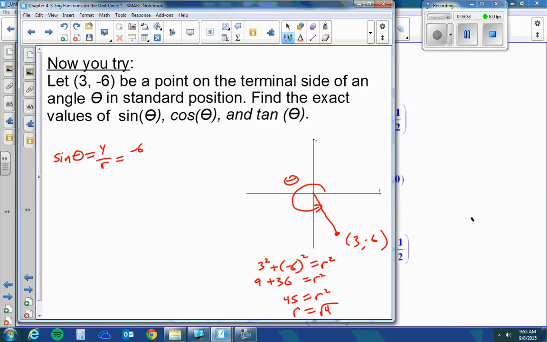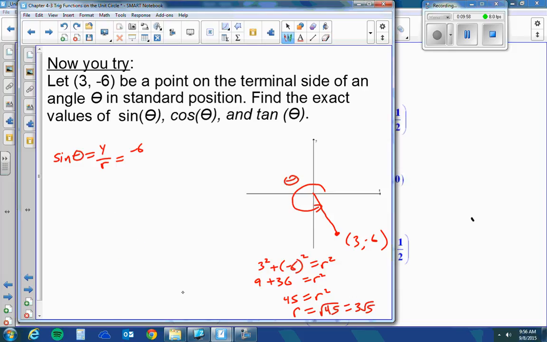You get square root of 45, which simplifies to what? Yes. And let me explain how. If the number is relatively small like this, you should just be able to say, oh, it's just 9 times 5, and square root of 9 is 3. That's the quickest way to simplify this.